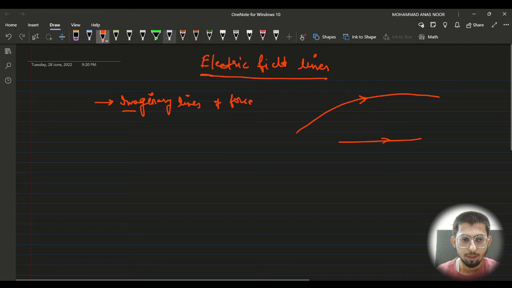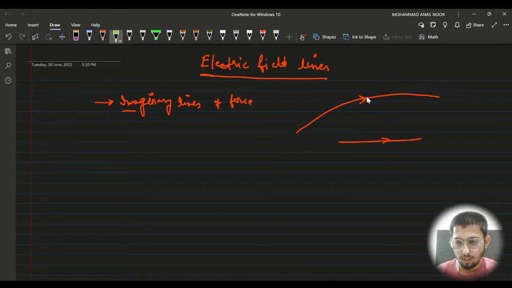And I also told you that if you want to find the direction of force at any point on this line, you place a positive charge plus q naught here, and the tangent to this line will be the direction of force on this charge q naught, because positive charges are drawn in the direction of the electric field.